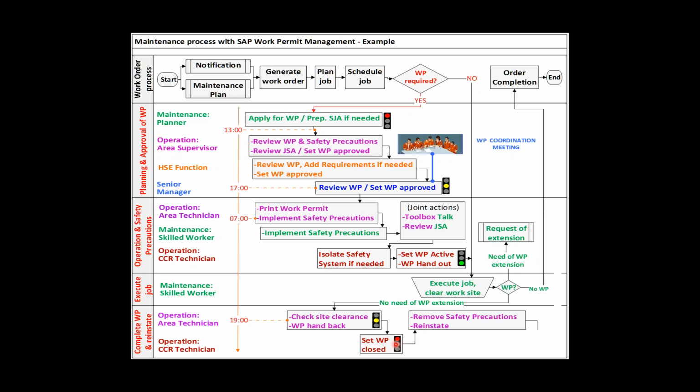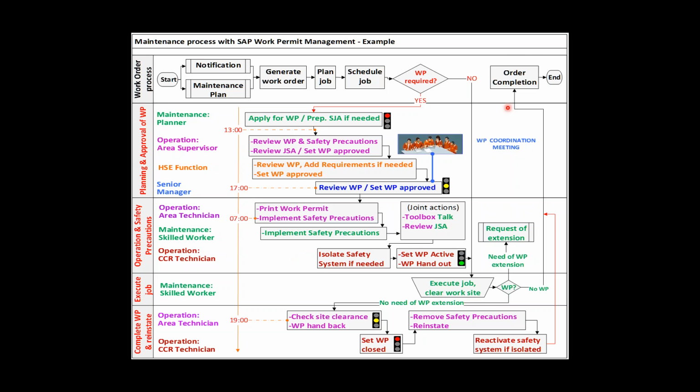After the closure of the work permit, the area technician can start the removal of all safety precautions and reinstate the system. Here, if there is any isolation, disconnection of safety system, then the CCR is reactivating the safety system.